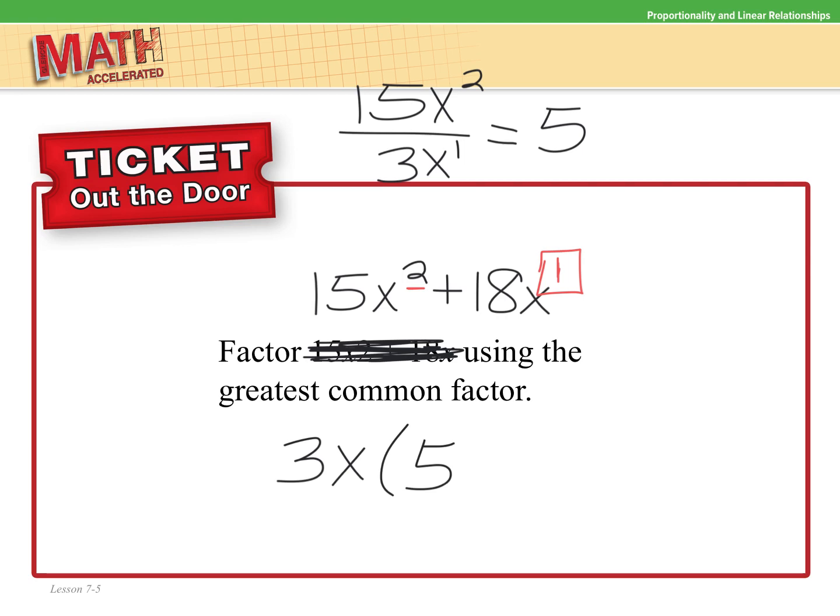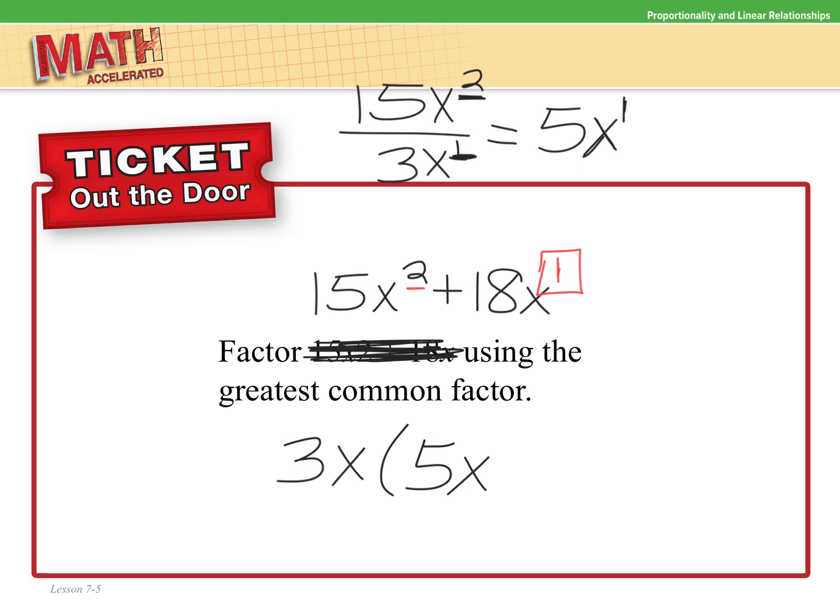What do we do with the exponents when they have the same base when we're dividing? Subtract. 2 minus 1 is 1. So we're left with x to the first power. That is what goes in for 15x squared.